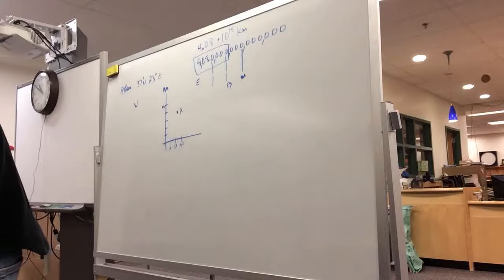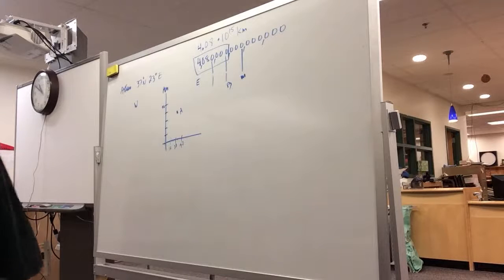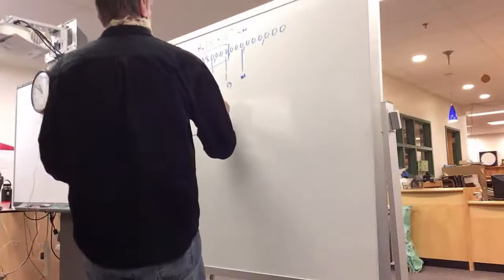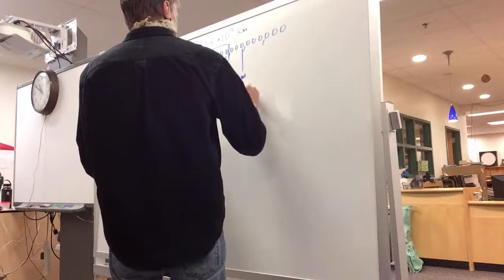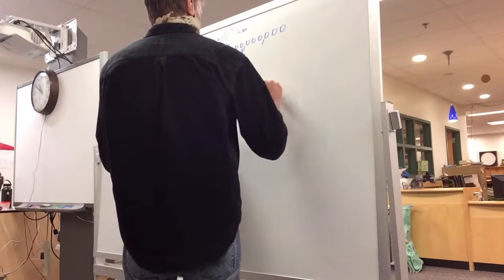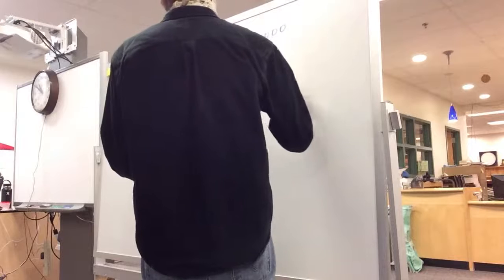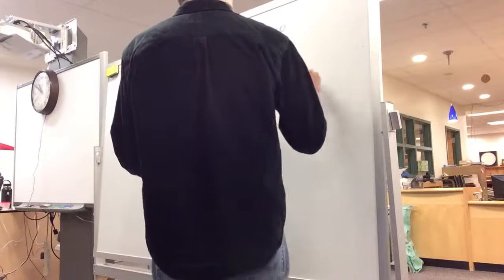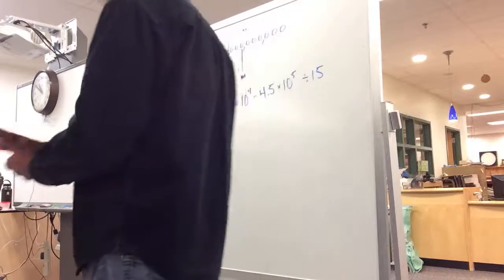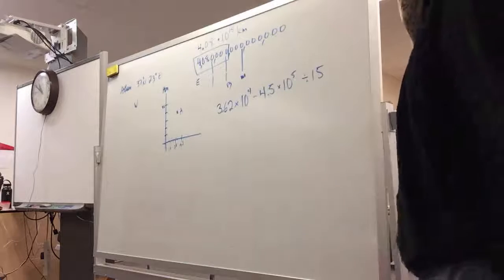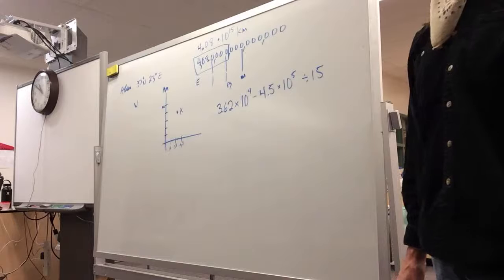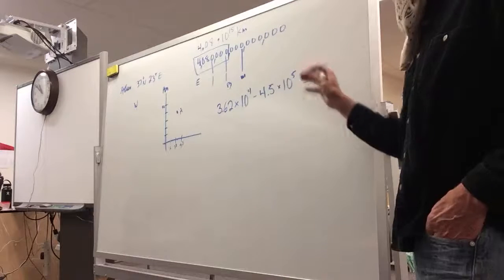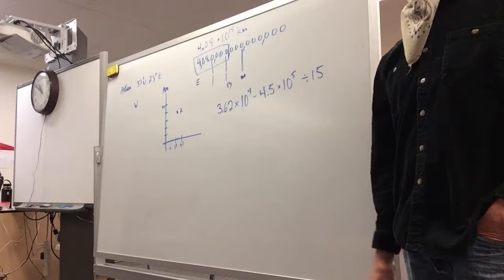Number 28. We got to calculate 3.62 times 10 to the 4th minus 4.5 times 10 to the 5th divided by 15. Is this able to be done on a calculator? If you just look at it, would you need to put any grouping symbols in?